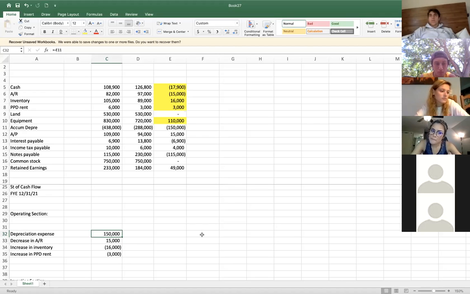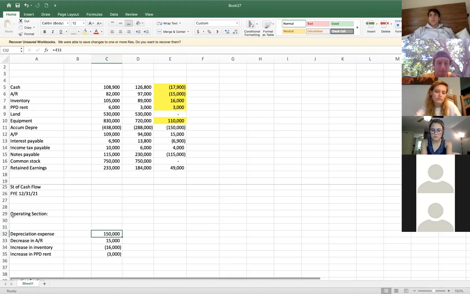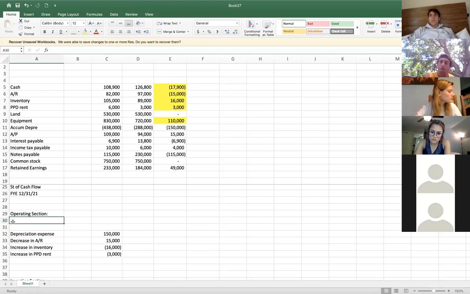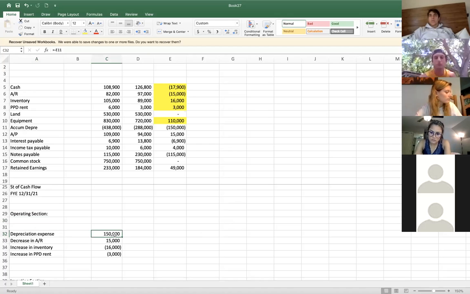No. So it did not use cash, but did it reduce net income? Because remember, net income is going to be my starting off number. So it didn't use cash, but did it have an effect on net income?